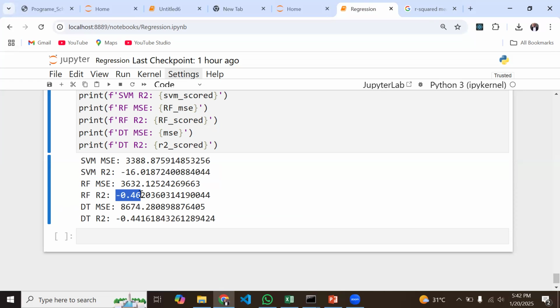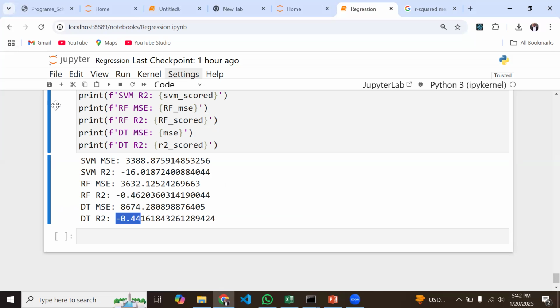I mean, is it bigger? That's the point I'm trying to make. Is it bigger than a negative 0.46 as well as a negative 4.44? Those are the questions we need to be asking.